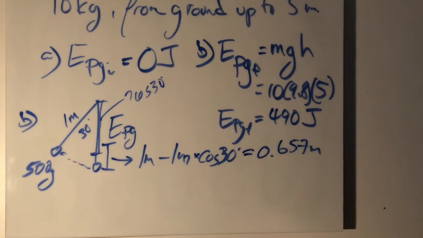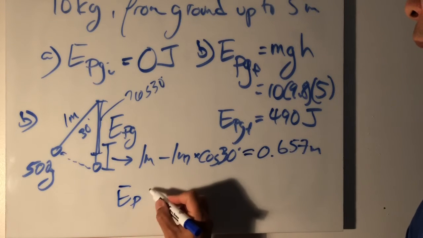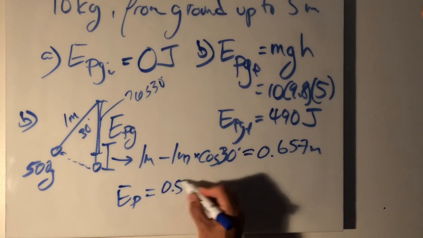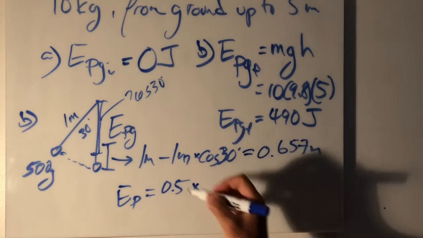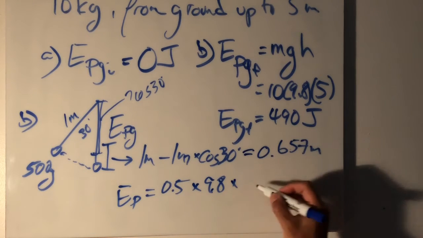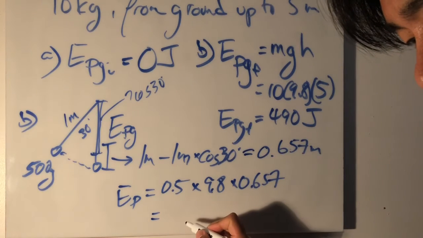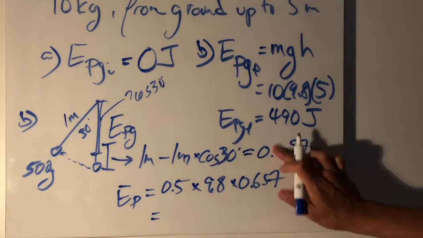Once we have that height, that difference is 0.134 meters. And then we can simply go back to EP is equal to mass, which is 0.5 kilograms, times g, 9.8, times 0.134, which gives us an answer of, oh, sorry, wrote the wrong one.